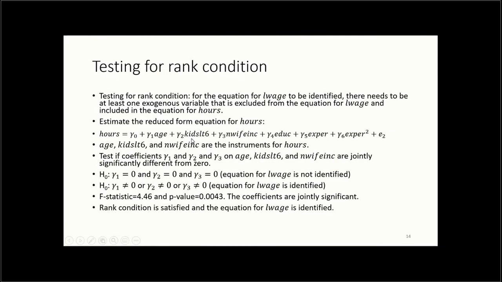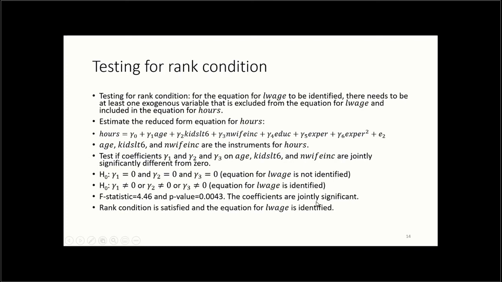Here we would be testing if these coefficients on age, kids less than 6 years old, and non-wife income are jointly significantly different from 0. If they're not, then the equation for log of wage would not be identified. And if they are, then the coefficients for the equation for log wage would be identified.